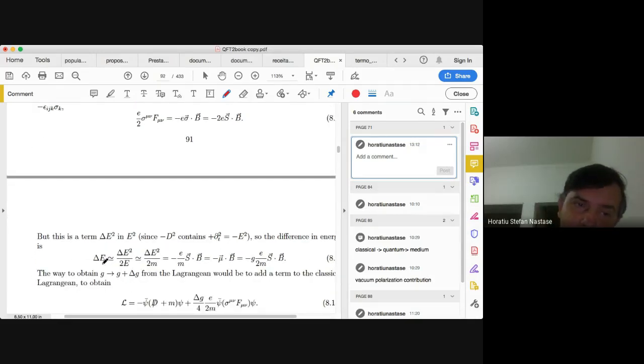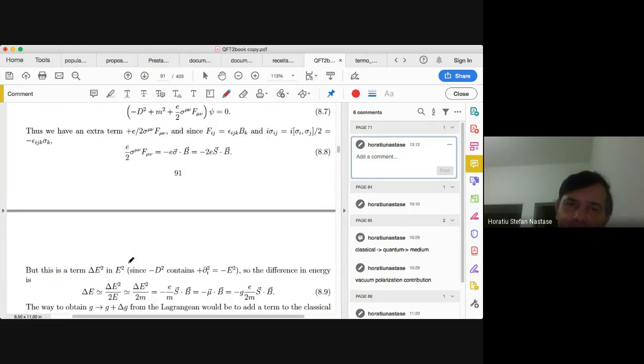That means that the correction to the energy itself, not to E squared, is delta E, approximately equal to delta of E squared divided by 2E. But the energy in here is a relativistic one. And since usually we're interested in non-relativistic effects, when calculating this delta E squared over 2E, I can approximate E with just m.